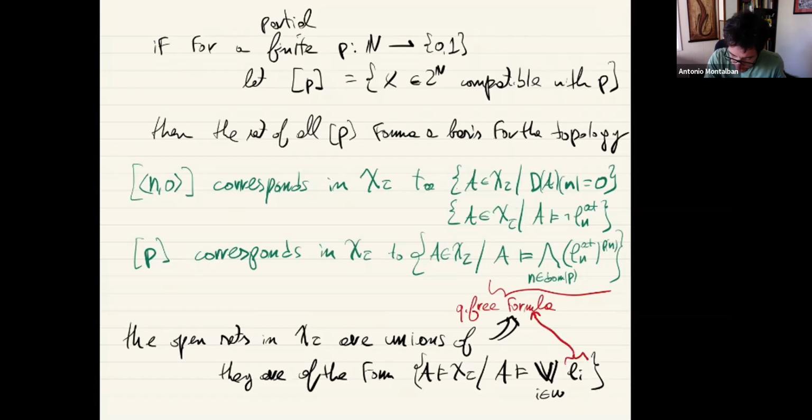Let's not call it phi, let's call it psi i. This disjunction of quantifier-free formulas means one of those is true. And in general, if you also have an existential, you can replace an existential by a disjunction. It's like a union of things: one of these things is true.